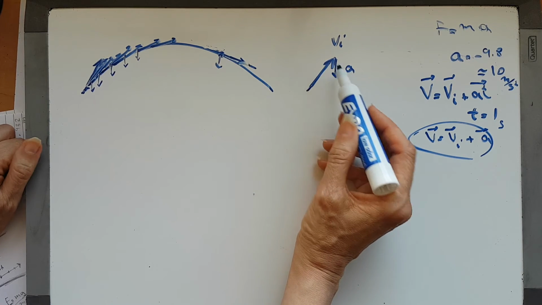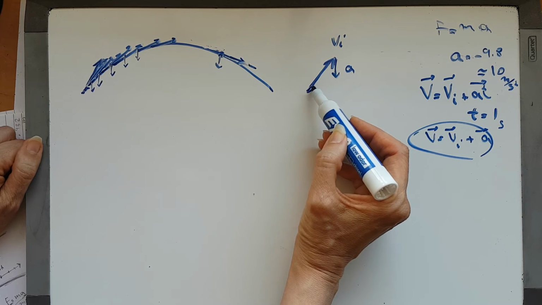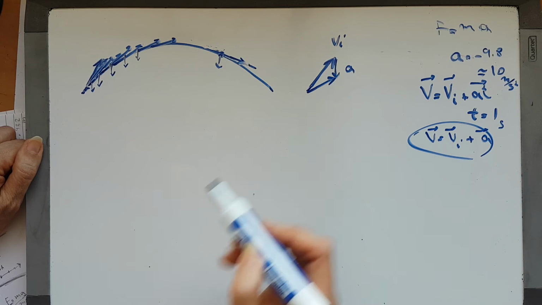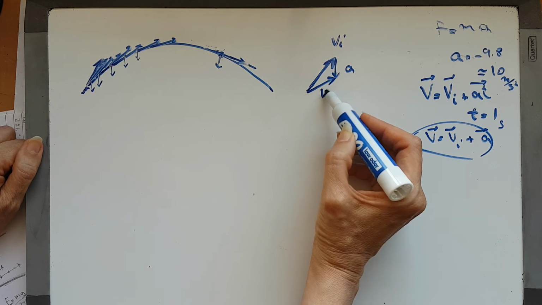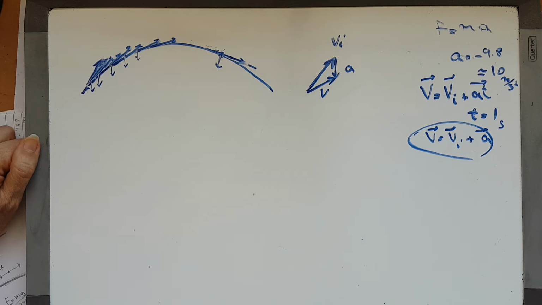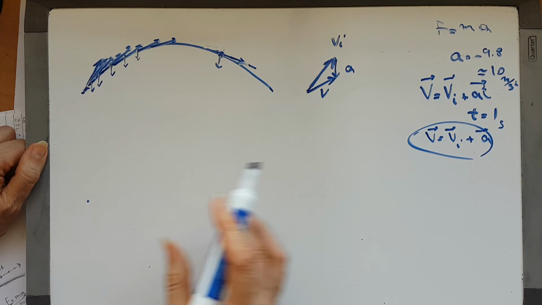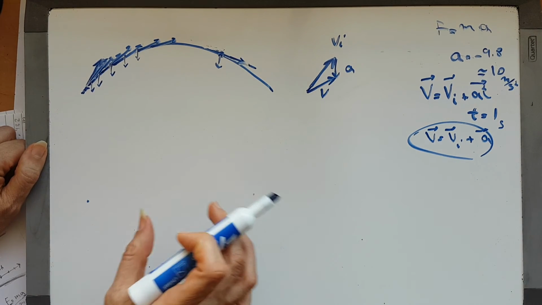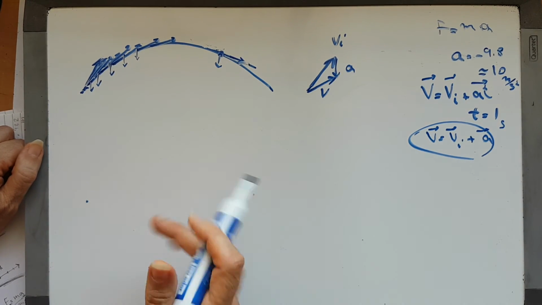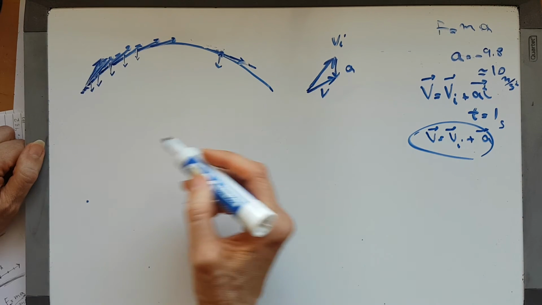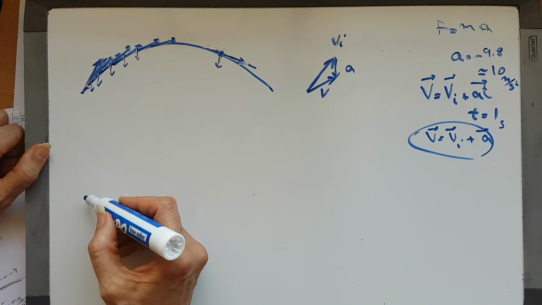You remember the triangle method of adding vectors together? This would be my other v after 1 second, let's say. Actually, I'm going to just draw the v's of every second, I mean, at the end of every second, not all the time within each second, just each second.